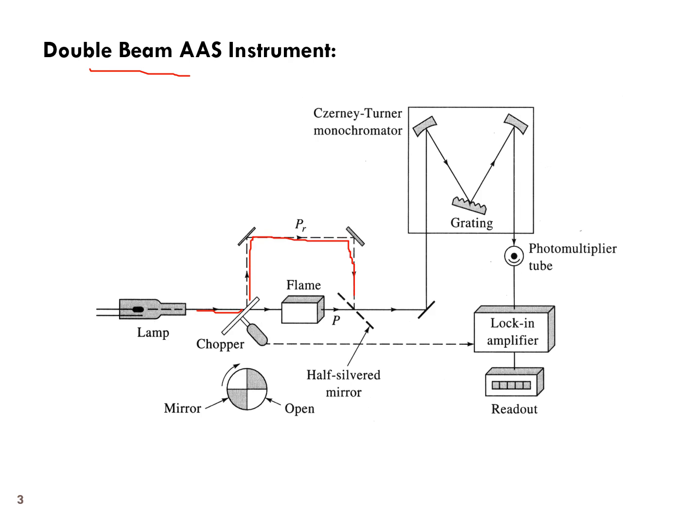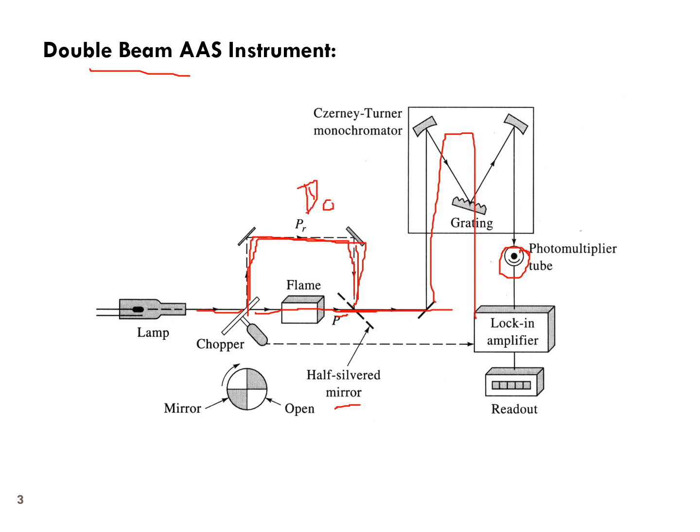So both the beams from here and here akan dicombine by half silvered mirror, and only one beam will pass through the monochromator and the detector here. So the absorbance measured will be the ratio of the sample beam and also the reference beam.